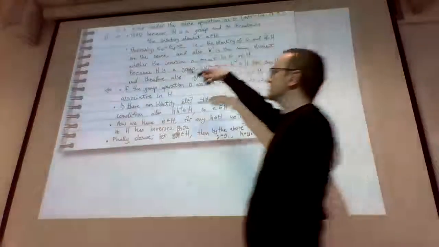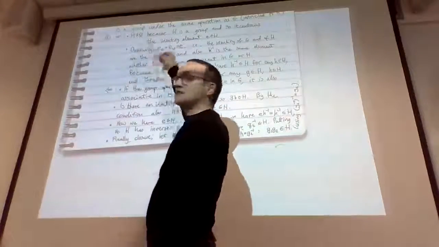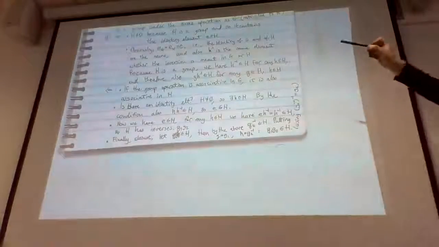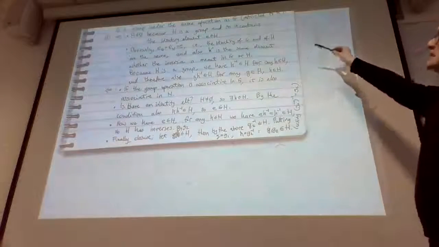He's got two bullet points: prove it's non-empty, and prove it has the funny mixture closure inverse condition. Why is it non-empty? Because it contains the identity. No more needed, groups have identities.